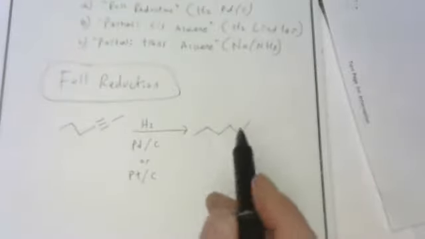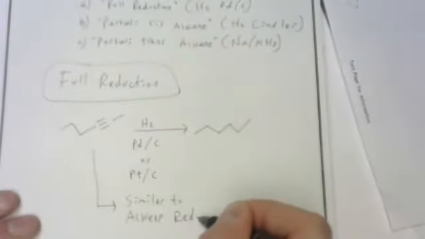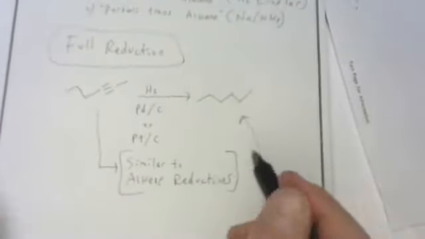Okay, the mechanism of this is really similar to alkene reductions, and I'm not really going to go into it. It's not that exciting. You don't have to know it.